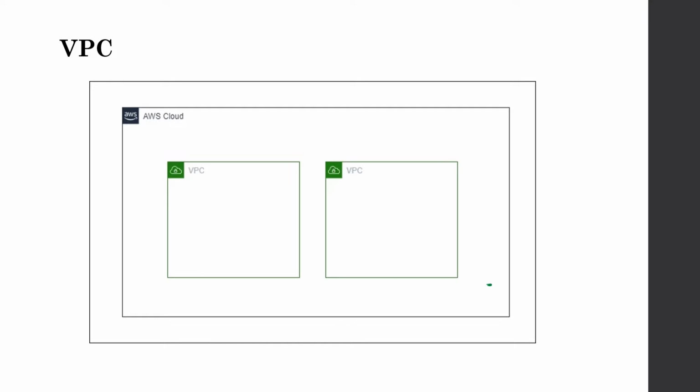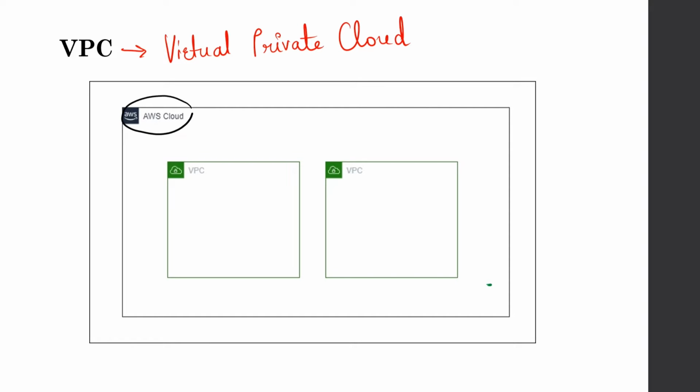So the first thing that we are going to discuss is a VPC. So basically, what does VPC stand for? VPC stands for Virtual Private Cloud, right? So basically, we have got an AWS cloud, right?